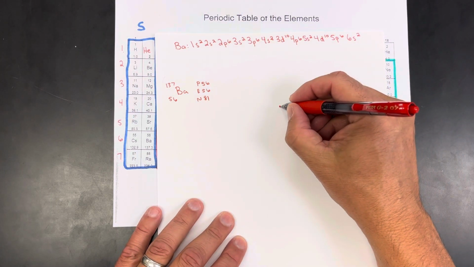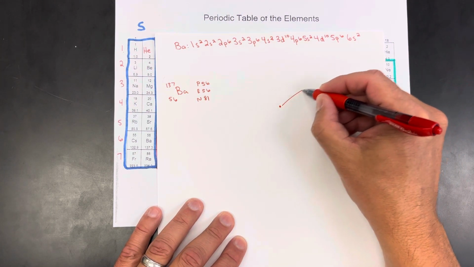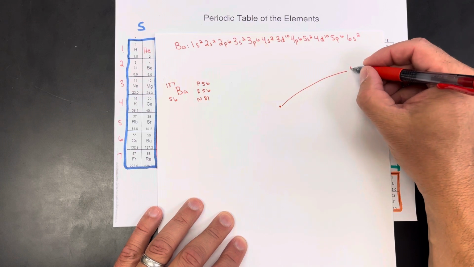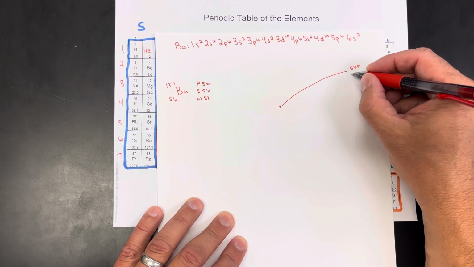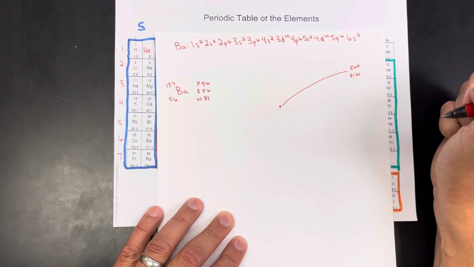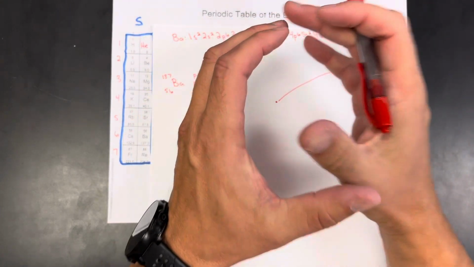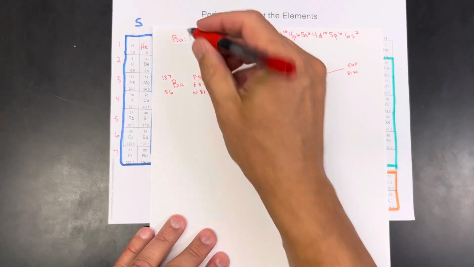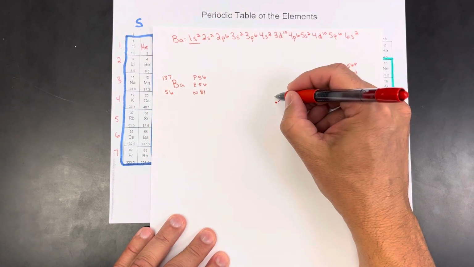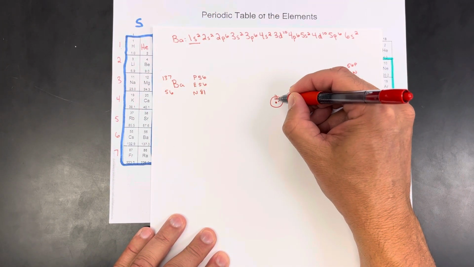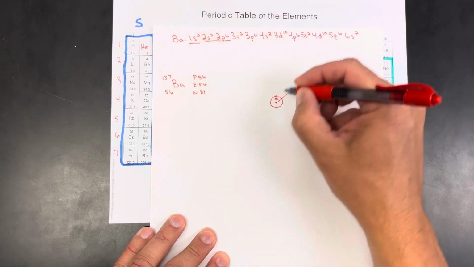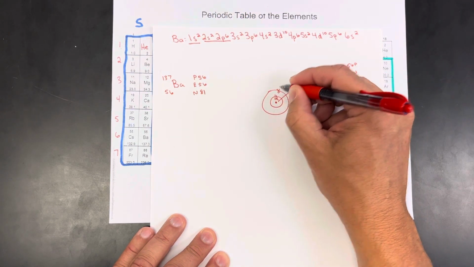Now let's put that together in a Bohr model. Tiny dot for the nucleus, 56 protons and 81 neutrons that I just calculated. Now let's put this code together to figure out what the rings are. We got the first ring that has 2 electrons. We got the second ring that has 8 electrons.